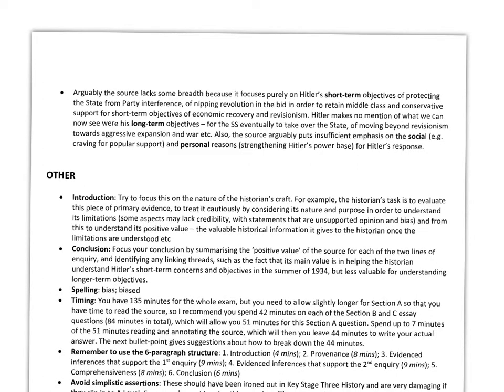Arguably also the source lacks some breadth because you could argue that it focuses mainly on Hitler's immediate objectives, is focused on the here and now. Now we as historians know that in the long term eventually Hitler had no intention of retaining his alliance with the army and with the state and with the businessmen and so on.